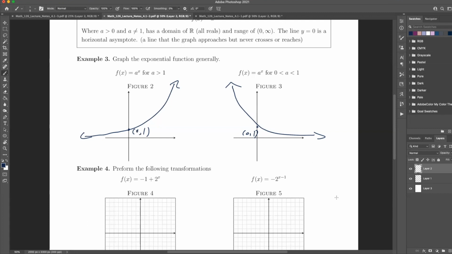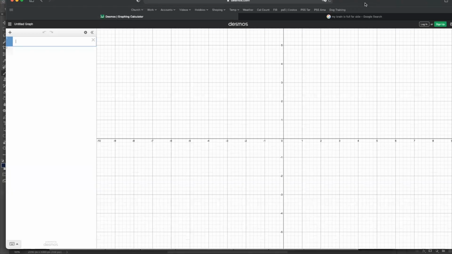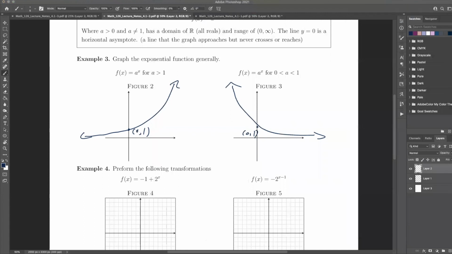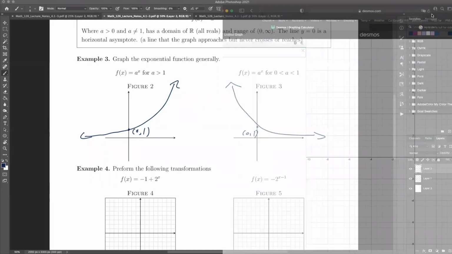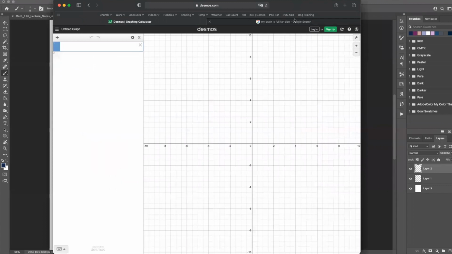But let's look at it. Oops, I made my screen too big. Let's just quickly look at a whole bunch of them. All right, so let's get you used to what's going on here. So let's pretend we have 1 raised to the x power.